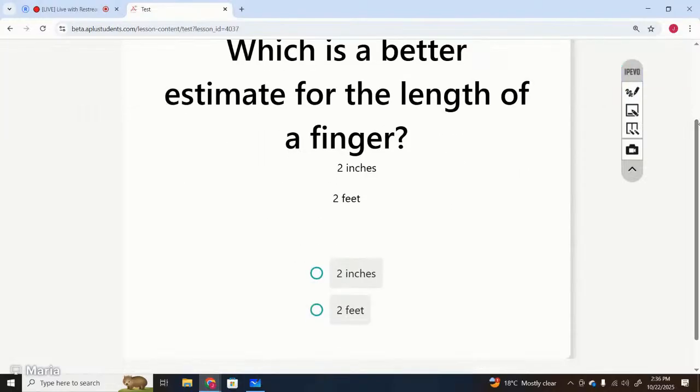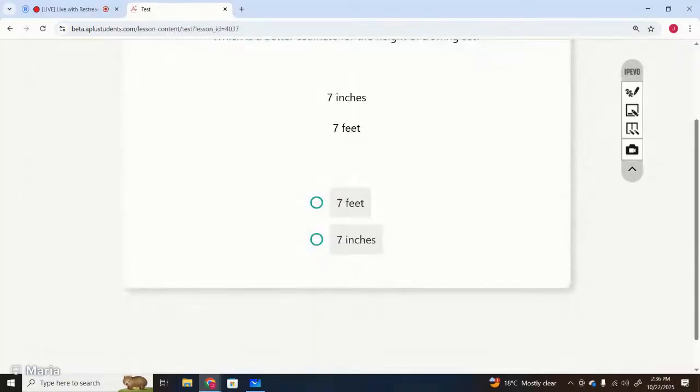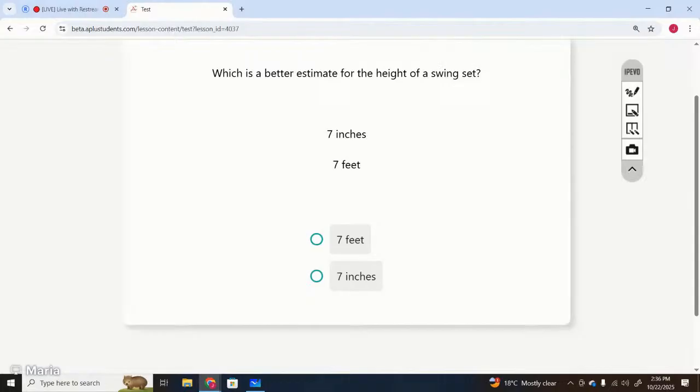Which is a better estimate for the length of a finger? The length of the finger would be 2 inches because 2 feet is too long for the length of the finger. Which is the better estimate for the height of a swing set?